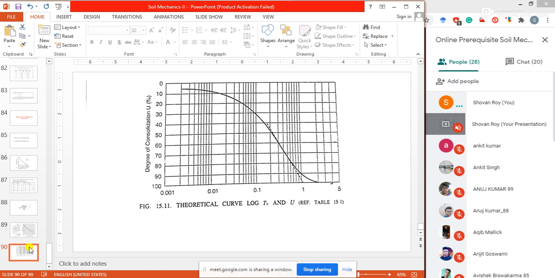The inventor of this Casagrande apparatus is the same person who suggested this logarithm time fitting method, which is based on characteristics of the U log10 Tv plot.